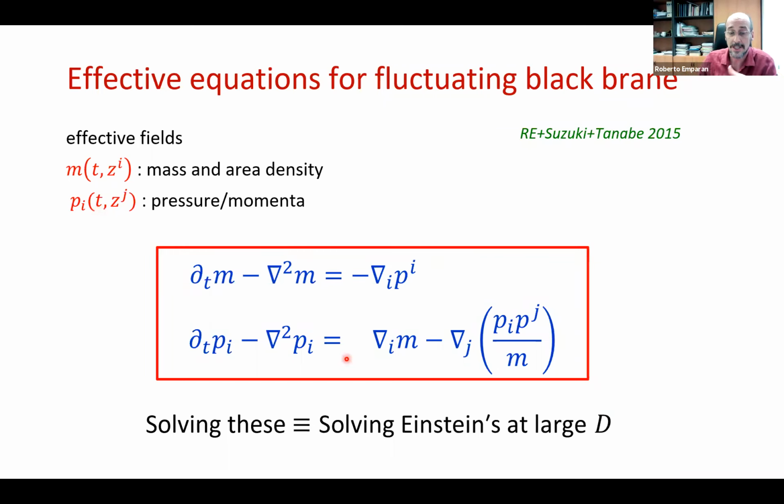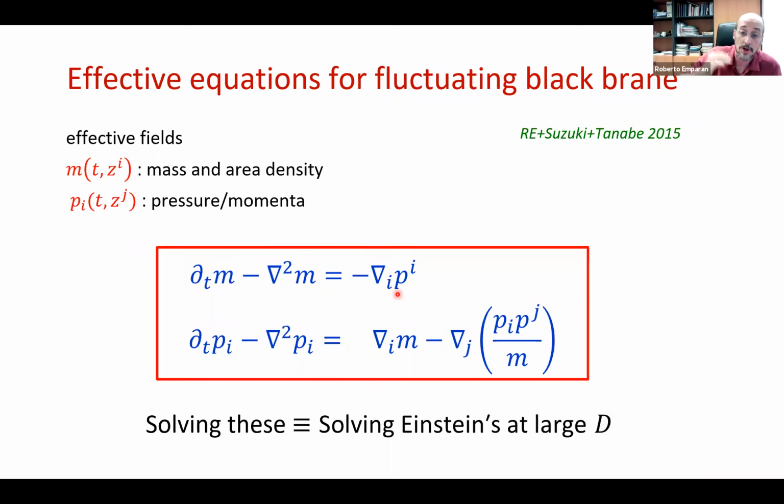So by solving these equations, which depend on the T and Z directions, with the R direction integrated, and all of the other dimensions being dimensions of that sphere, those are cyclic coordinates, nothing depends on them. So by doing this, we're solving the Einstein equations to leading order in the 1/d expansion.